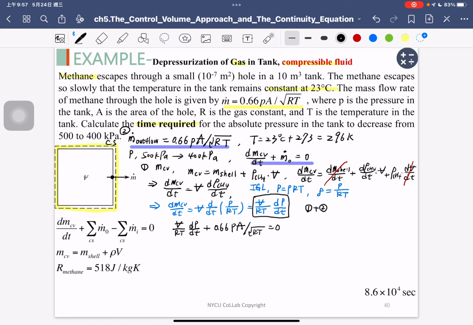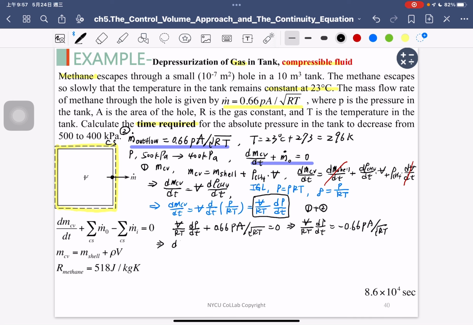Okay, so you can rewrite all the parameters as you want. For me, I keep the same parameter in here and move the second item to the right hand side, so you have minus 0.66 times pressure times area, divided by RT.